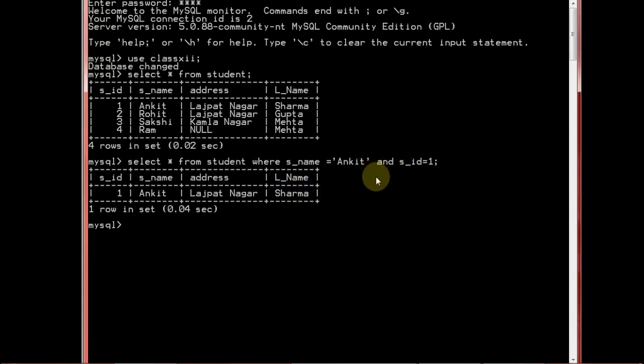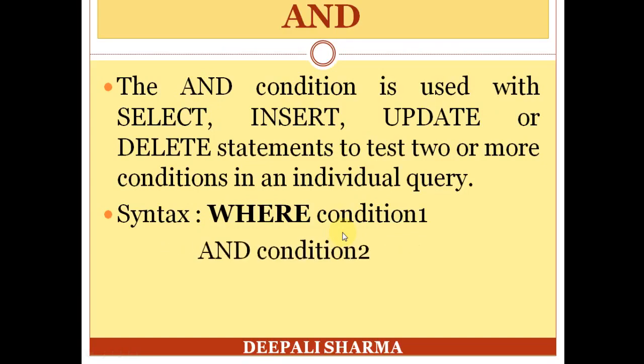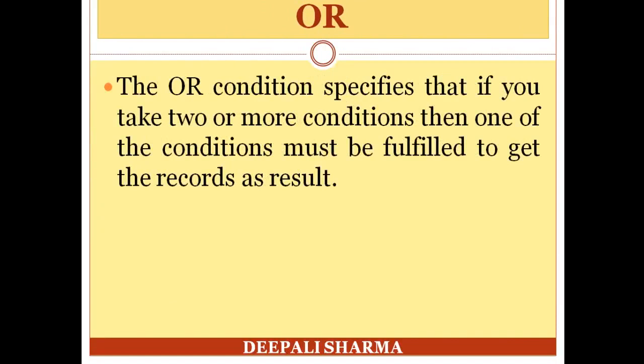With the help of the AND condition you can combine two or more conditions. Then see the next thing, OR. The OR condition specifies that if you take two or more conditions, then one of the conditions must be fulfilled to get the record as result.